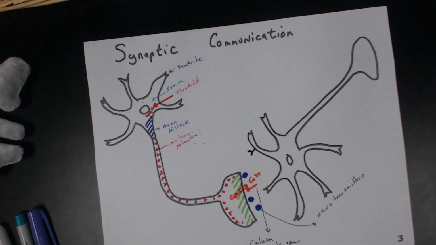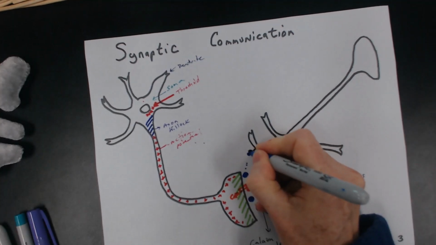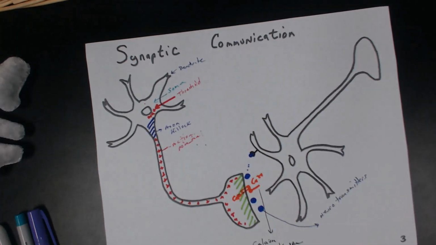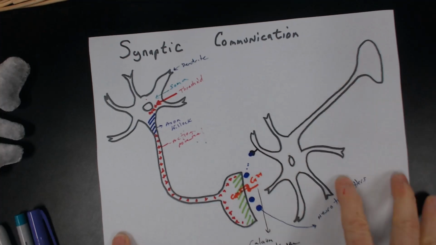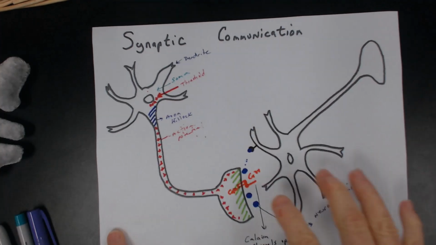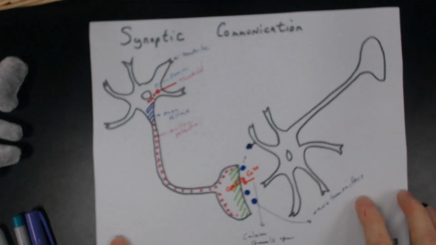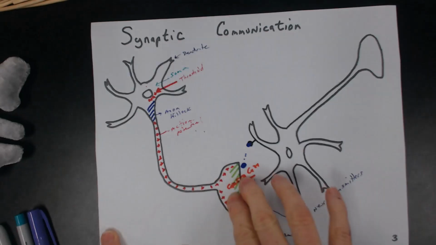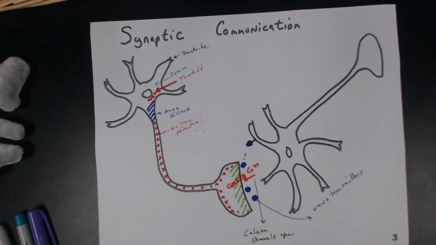When that neurotransmitter floats over and binds to the receptor, it causes another action potential in this neuron. That's how information is transmitted from the presynaptic neuron to the postsynaptic neuron. We go from an electrical potential to a chemical messenger system via the use of neurotransmitters.